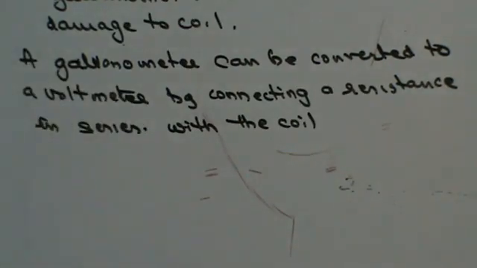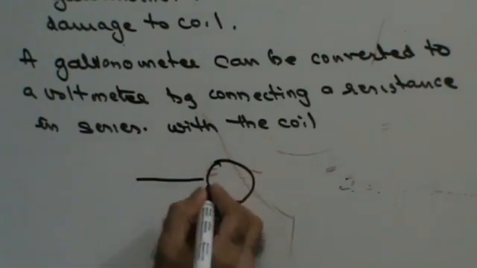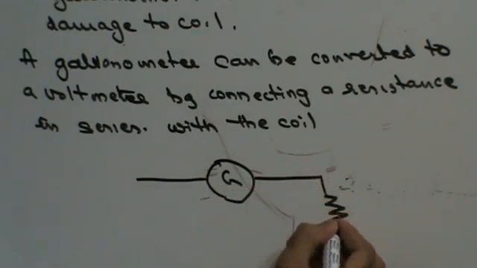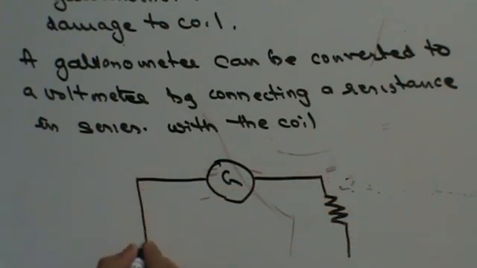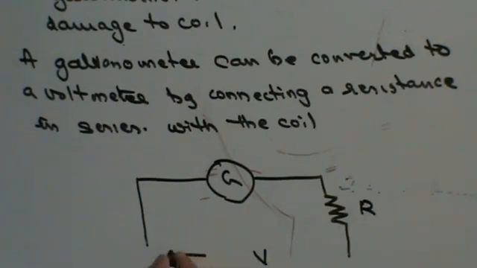Right? Now let's see how this enables us to convert a galvanometer into a voltmeter. Let's draw the figure first. This is your galvanometer. I'm connecting a resistance in series with the galvanometer, right? And this is your R, and these are the ends across which the potential difference V is going to be applied, right?